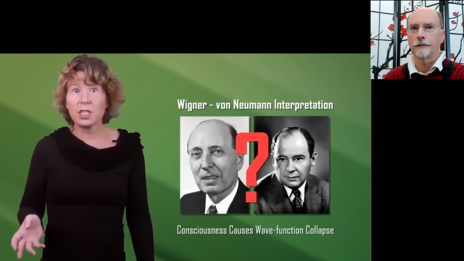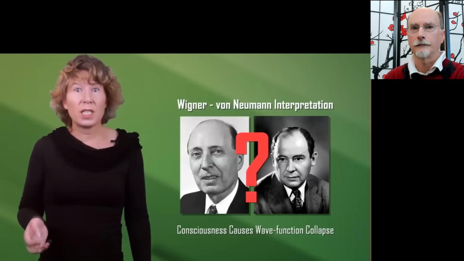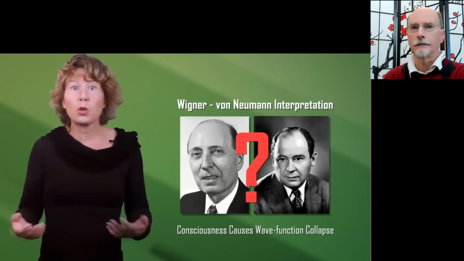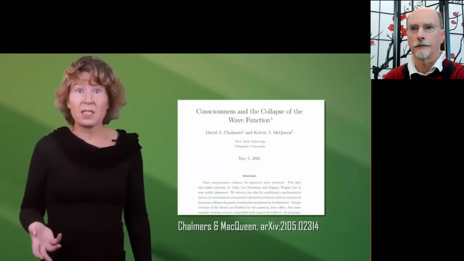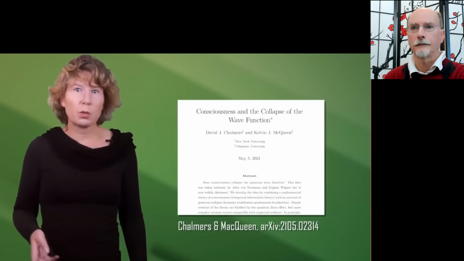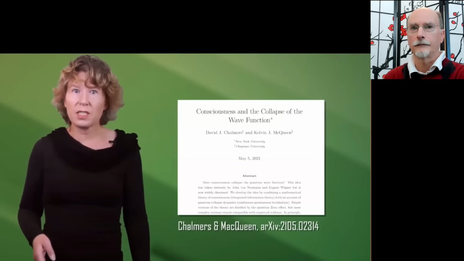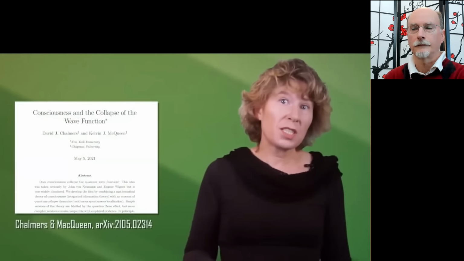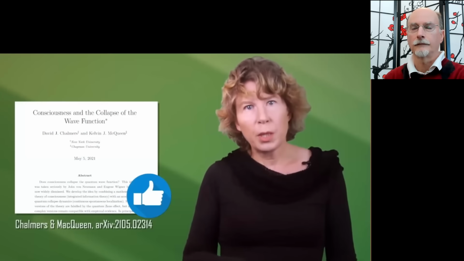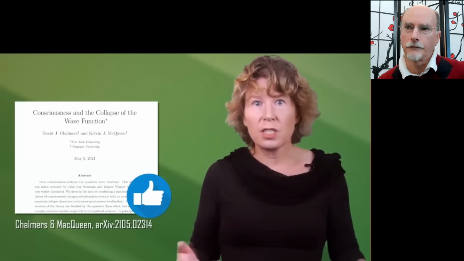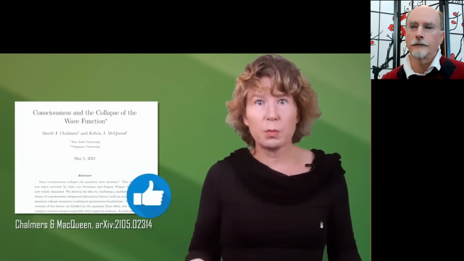If you take this seriously, it'd imply that reality itself depends on who's observing what. A few months ago, David Chalmers and Kelvin McQueen wrote a paper about this. For a paper by two philosophers, it isn't bad. My major misgiving about their consciousness-induced collapse model is that it's unnecessarily complicated.